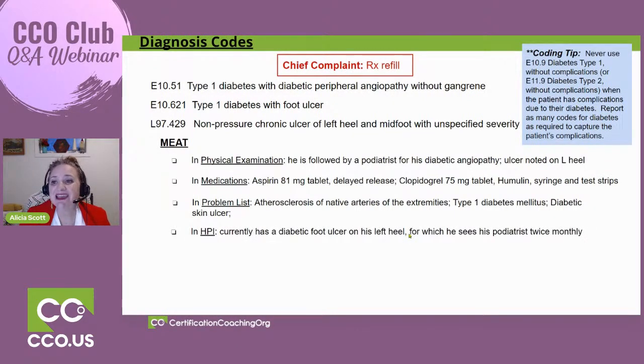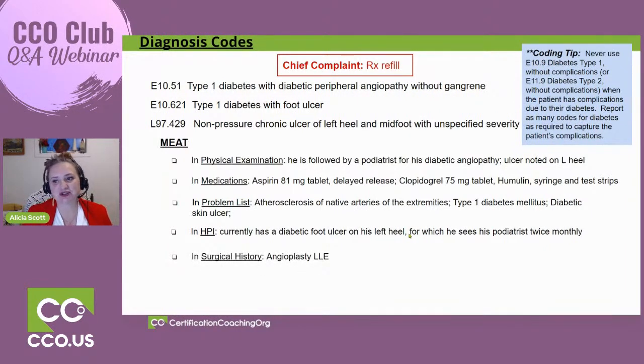The HPI even states we have a current diabetic ulcer and he's seeing the podiatrist twice. Now, don't think that it's like when you do E&M, when you had to say, oh, we can't split this. We use this for leveling on this component and we can't use it for another. No, the fact that he goes to a podiatrist is stated, you can use that for as many things as needed. It isn't a one-on-one type thing.